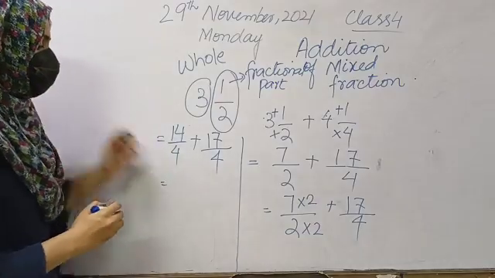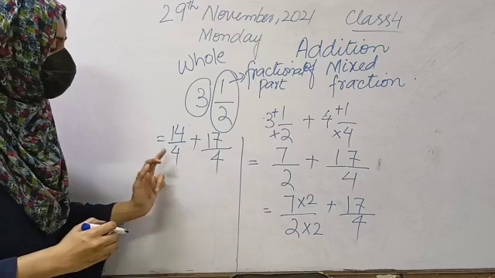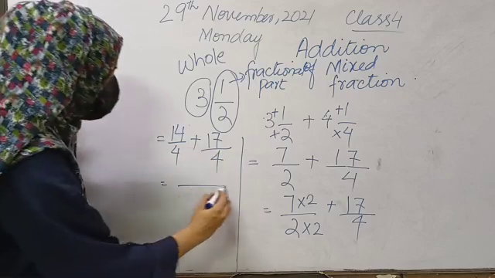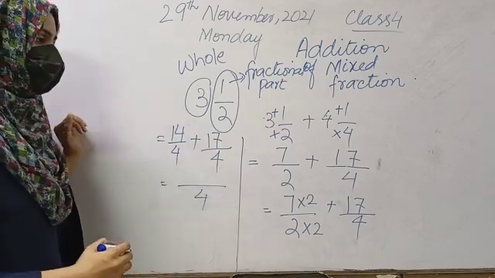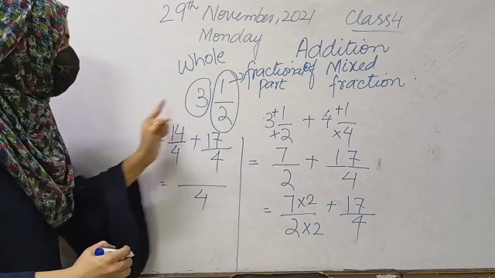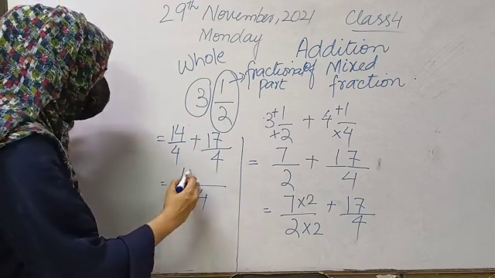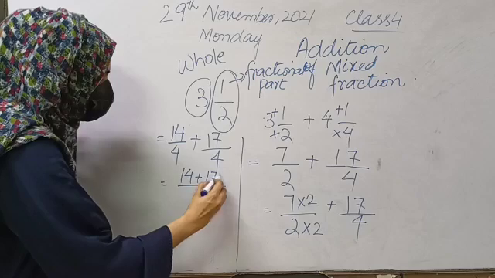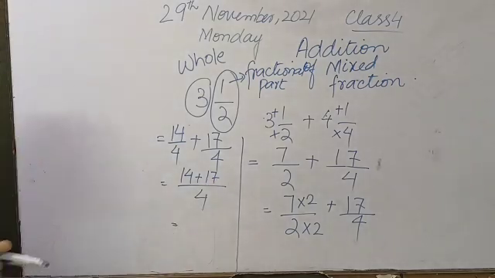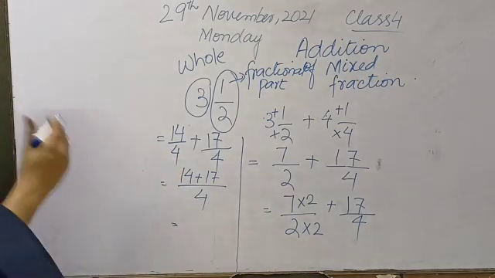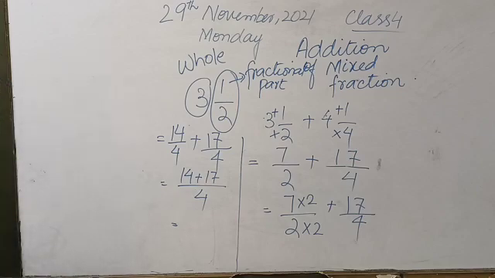Clear? As you look class, we have same denominator. So I will write only one time and simply add the numerators which are 14 plus 17. Fine? 14 plus 17. Now I will add it.